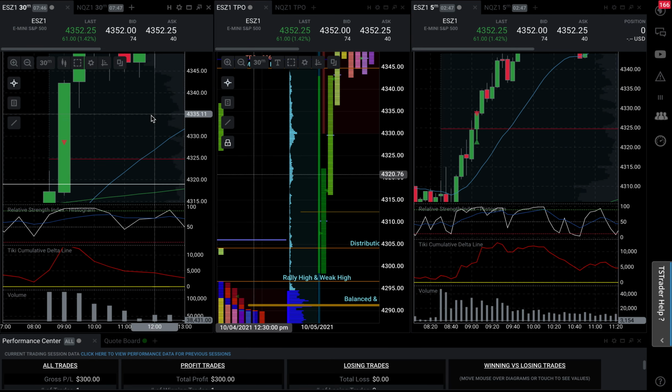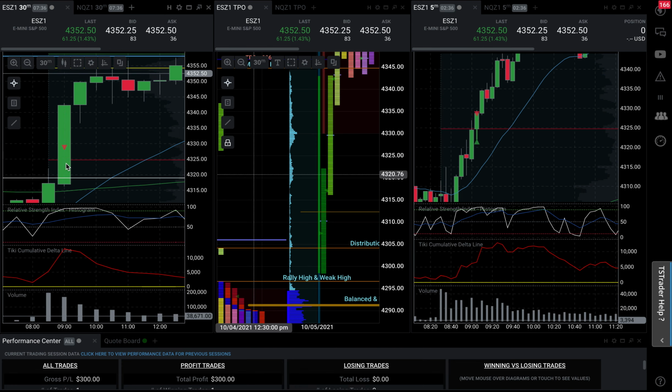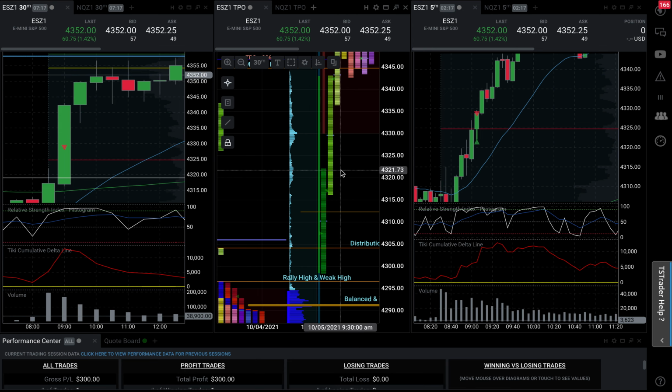Let me see if I can show you. So you can't really see where I placed my trade because it's a green arrow, but you can see where I ended the trade. I placed a trade here. Why I placed it there? Because it's wick testing. Even though we didn't come back on another candle and wick tested, we still did come back on the next candle and tested that wick, which pushed us up higher.